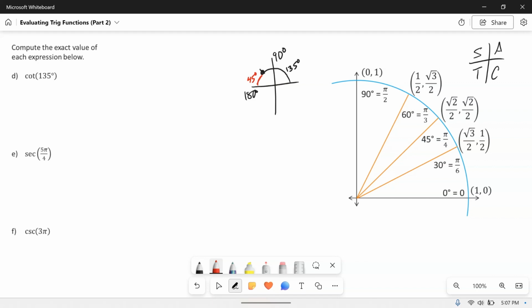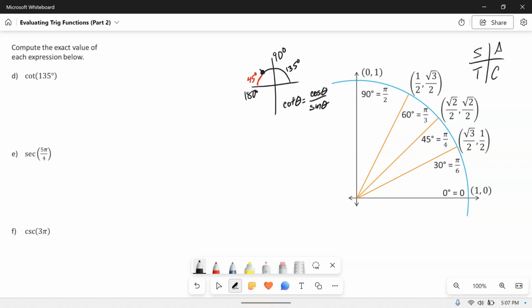Okay, so let's now look at the cotangent of 135. One of the identities we can use is that cotangent of theta is equal to the cosine of theta over the sine of theta. You could also use cotangent as the reciprocal of tangent, but this gets more directly at what we're trying to do here.